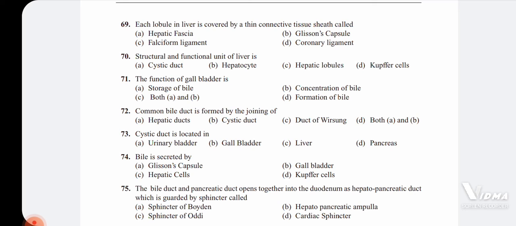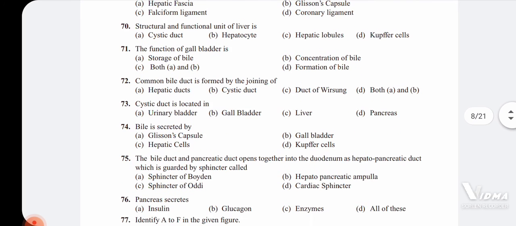The common bile duct is formed by the joining of both the hepatic duct and the cystic duct. The hepatic duct arises from the liver, and the cystic duct arises from the gallbladder. So hence option B is the correct answer.